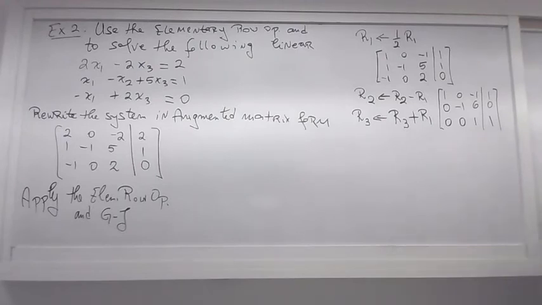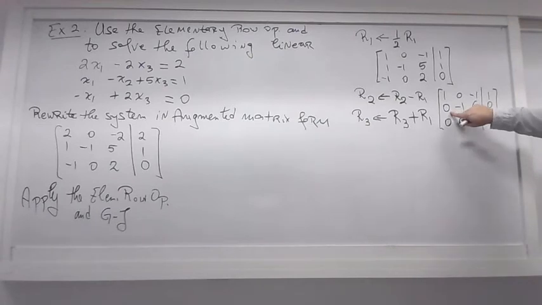You see? Things changed. In the previous example, at this stage I had a problem, now I don't have a problem. This is called a leading entry, and I have zeros below. This is also a leading entry, I have zeros below. And then I have this also a leading entry. Okay, nothing below, fine.